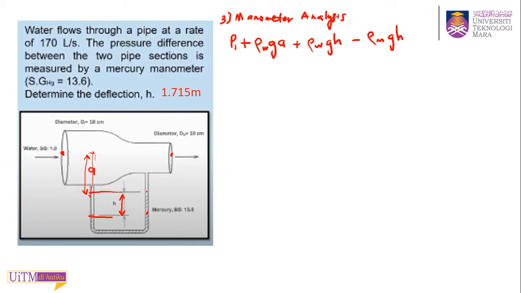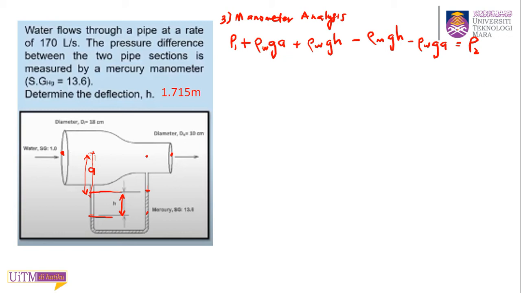Now you want to finish your point at point 2, so you go up, so there's minus again, minus rho water G A. So this is equal to P2. Betul? Understand tak ni? The manometer. Faham sir.